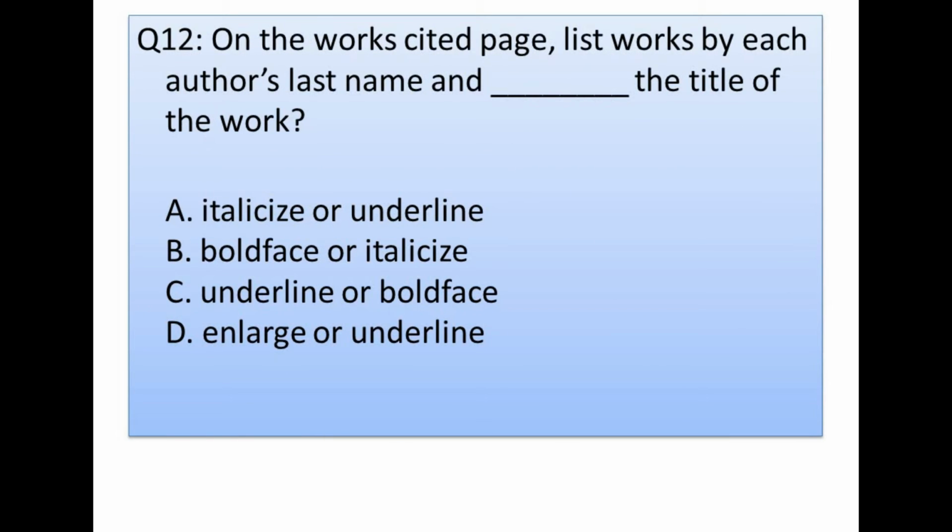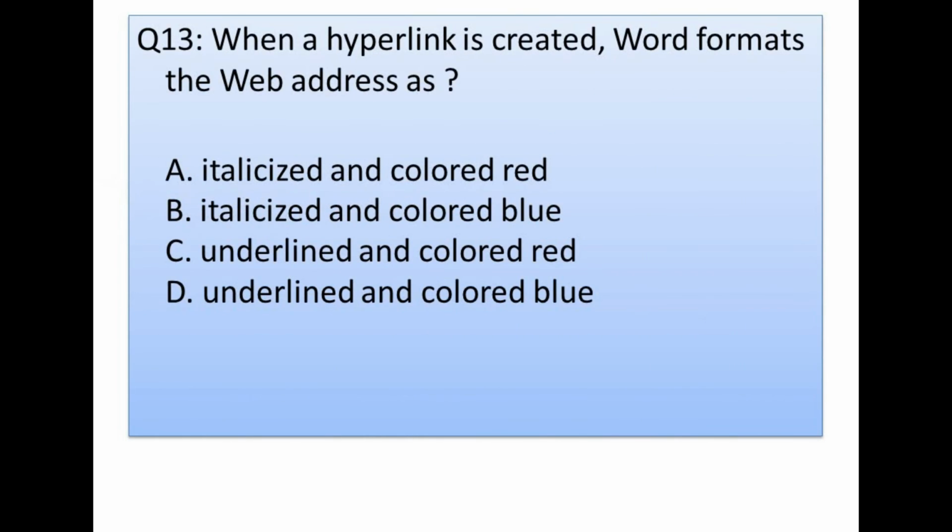On the Works Cited page, list works by each author's last name and dash the title of the work. Italicize or underline, boldface or italicize, underline or boldface, enlarge or underline. So the correct option is A. When a hyperlink is created, what formats a web address as?